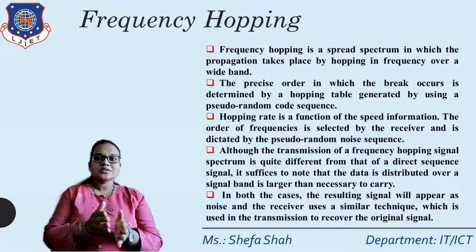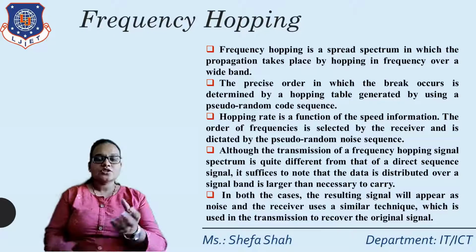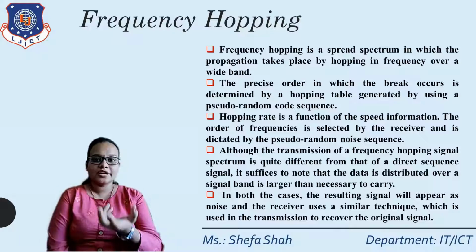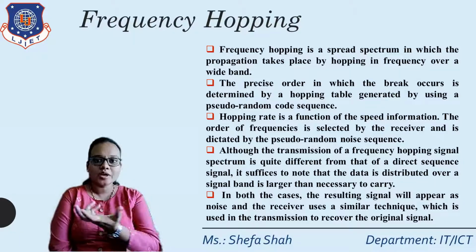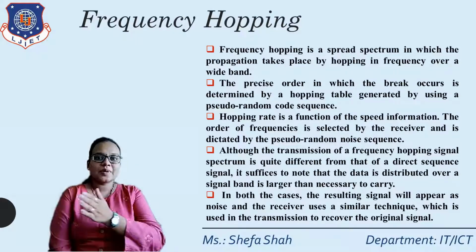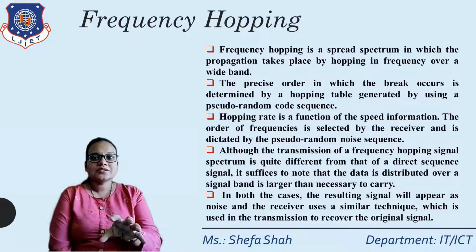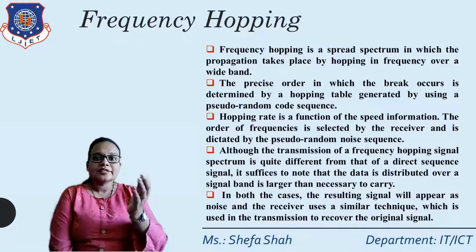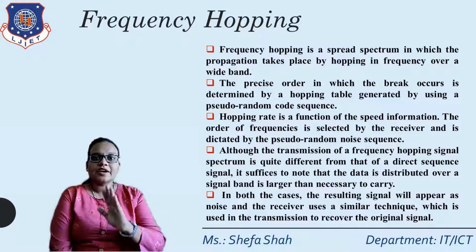So what does frequency hopping do? While transmitting the whole data, we can transmit the data part by part, right? Some parts which are not necessary for transmission, and which can be detected when the signal is received, are eliminated while transmitting, right?